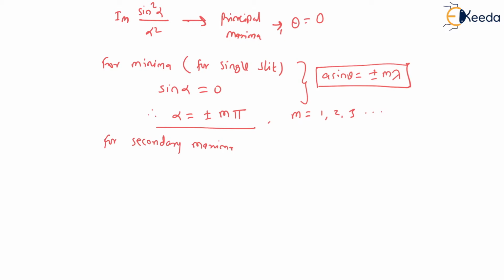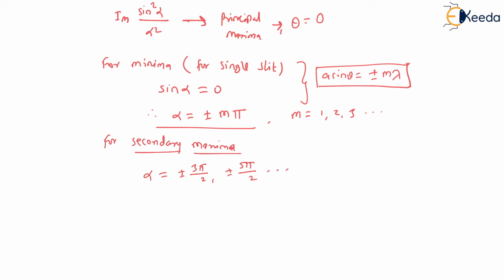It is phase difference. Now for secondary maxima, we know that alpha will take the values plus minus 3 pi by 2, then plus minus 5 pi by 2, and so on.